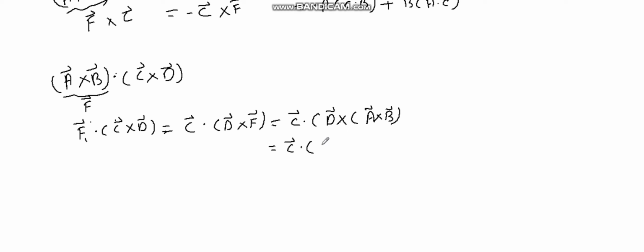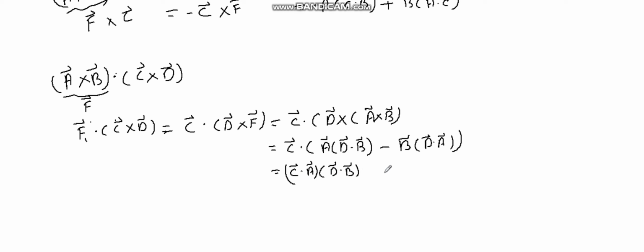The first term in the bracket, which is A, times the dot product of the rest of the two, minus the second term and the dot product of the rest of the two. And the final form is C dot A times D dot B minus C dot B times D dot A. So in this way we can expand as many vectors as we like, either written in dot product form or cross product form.